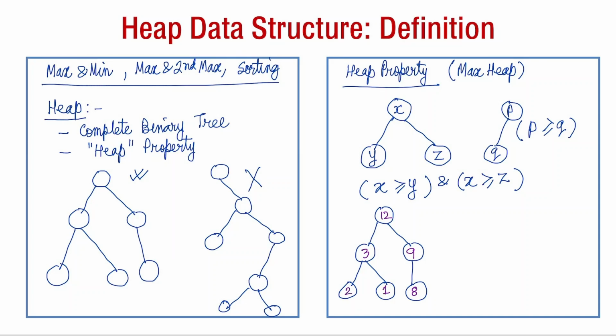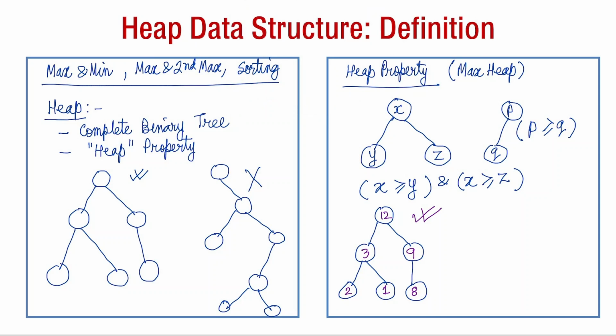Then this satisfies the heap property at all the nodes, because 12 is greater than both 3 and 9, 3 is greater than 2 and 1, 9 is greater than 8. So this satisfies the heap property at all the nodes.